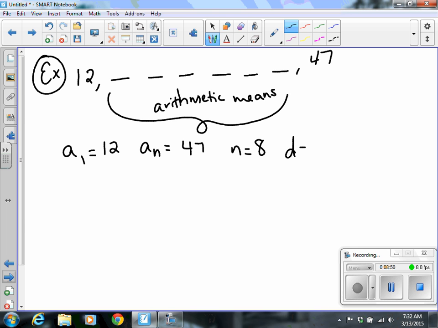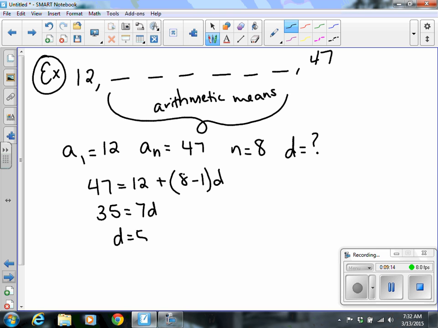We're trying to find d in order to find our next 6. So I'm just going to plug it right into my formula. I have 47 equals 12 plus (8 minus 1) times d. Okay, so I'm going to subtract the 12, and I get 35 equals 7d. d therefore has to be 5.